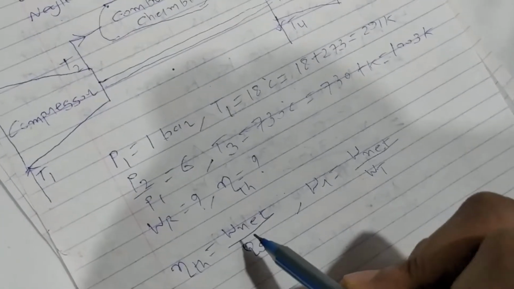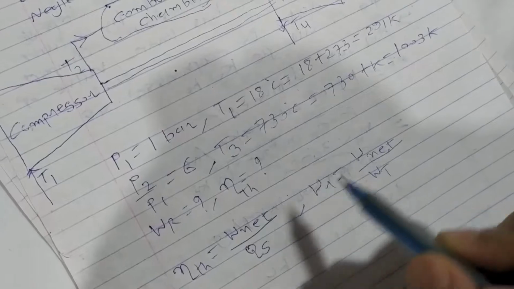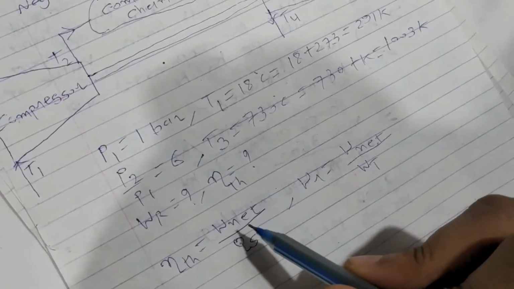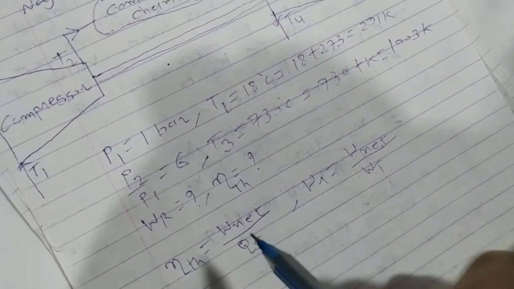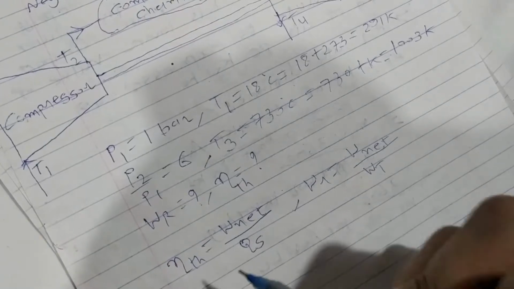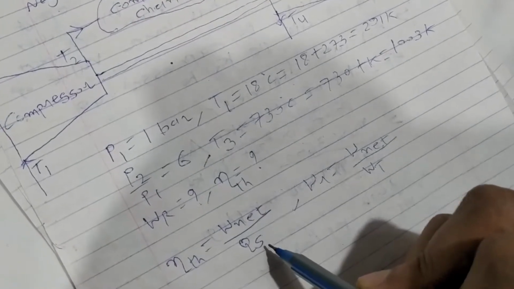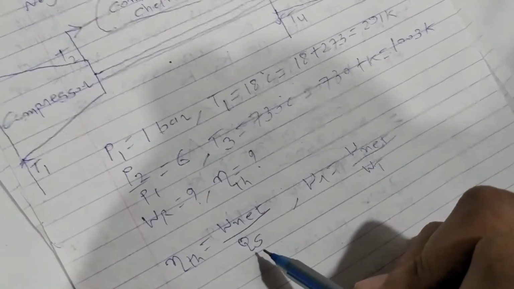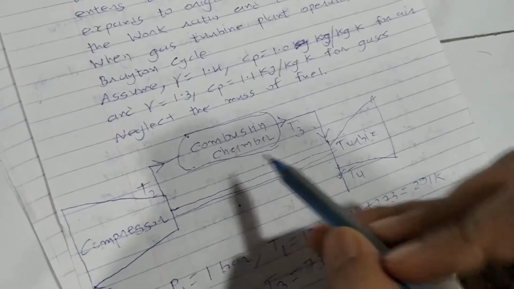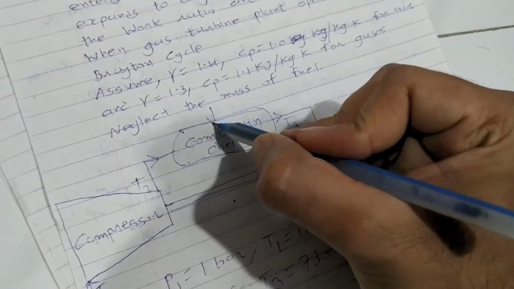So in both equations I will need the value of net work done by the open cycle gas turbine. And I will also need the value of heat supplied. What is the formula of heat supplied? Heat is supplied in the combustion chamber of the open cycle gas turbine.